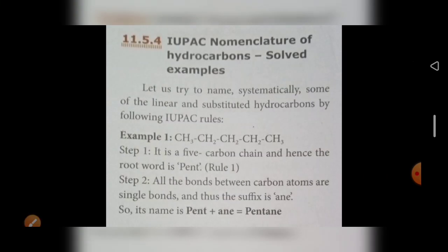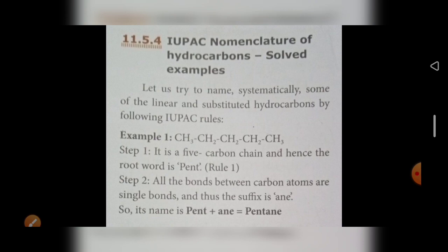Okay, the first nomenclature, that is example 1. They have given CH3, CH2, CH2, CH2, CH3. For this you use IUPAC nomenclature to name the compound. What is the first step? You know very well: you count the carbon numbers.